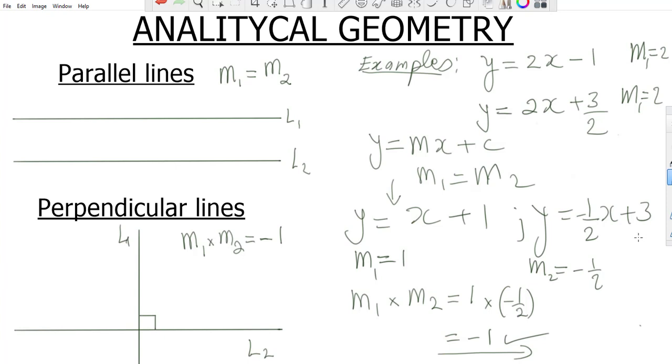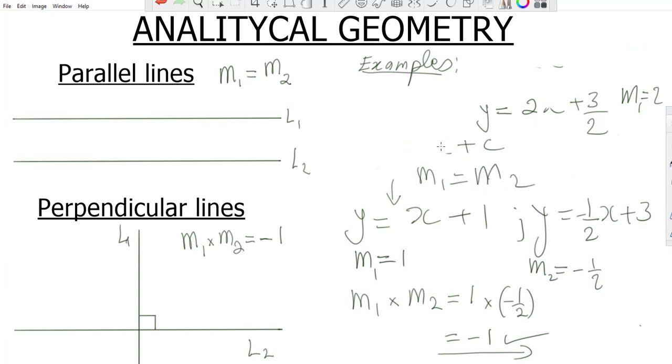So this is very important too, because you come across it all the time in a question where you need to prove that the two lines are perpendicular.